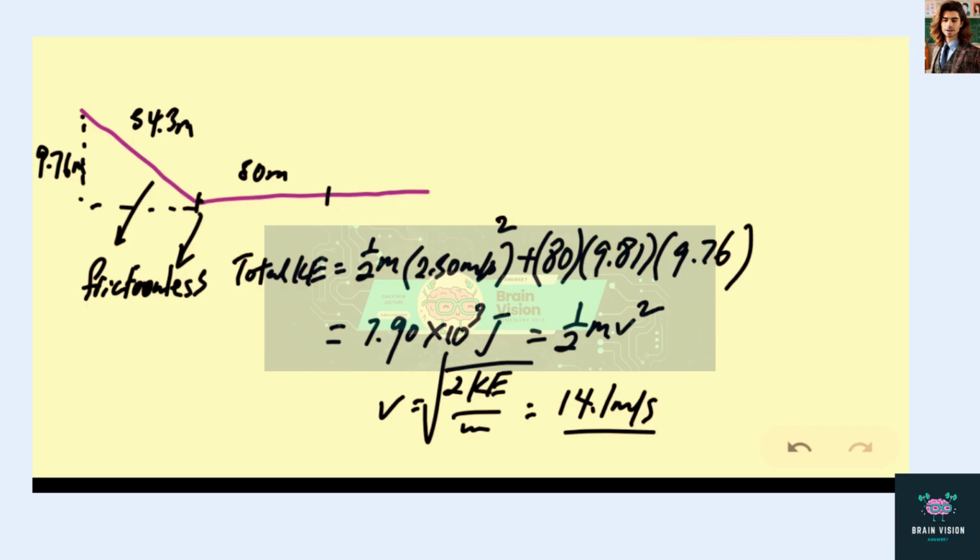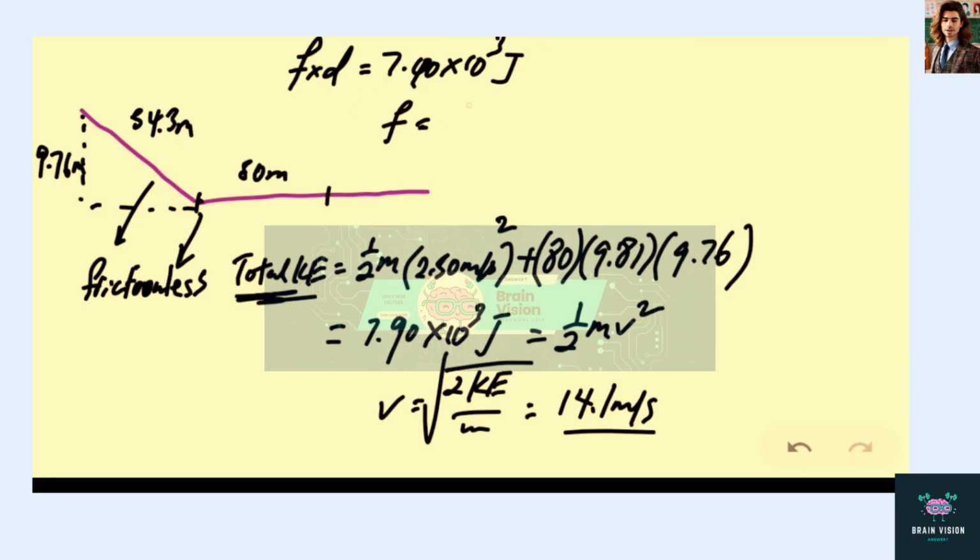So we get the force multiplied by the total distance traveled, which is 50 meters, must be equal to the total kinetic energy that it has at the start, so that it can come to a stop.